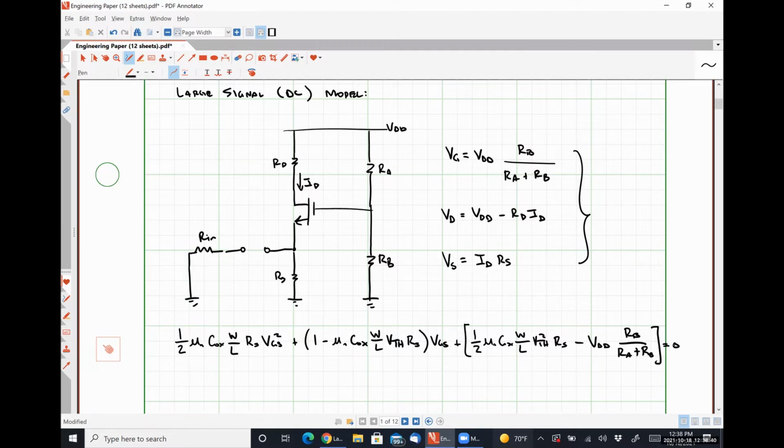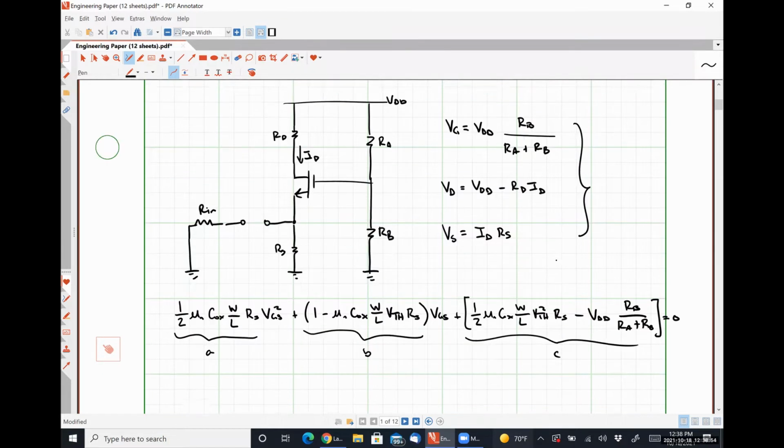And so just for the sake of argument, I'm going to group these guys together and call them A, these guys B, and these guys C.